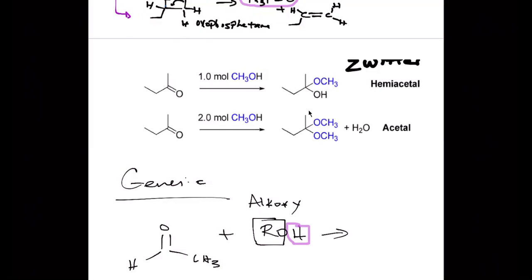The proton is going to add to the oxygen, and the alkoxy part is going to add to the carbon. So what you end up with in the product is OH, the same hydrogen that came from the alcohol.